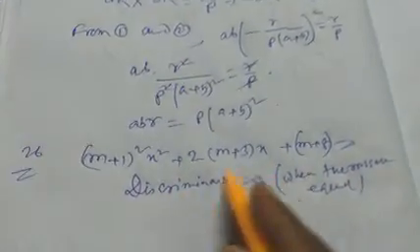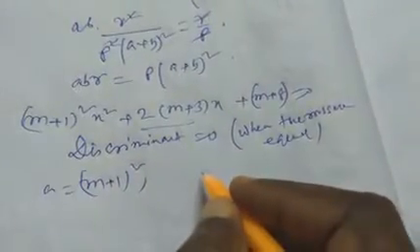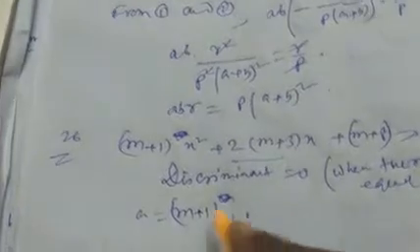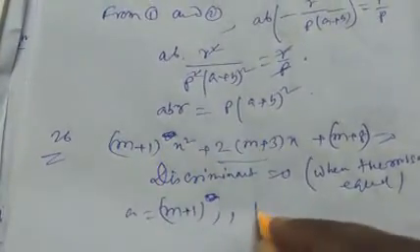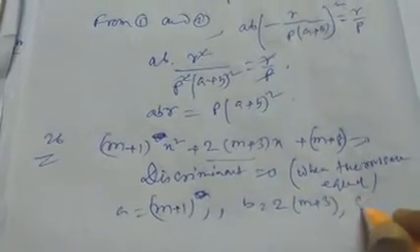So now see here, discriminant. a means m plus 1. Okay, sorry, there is a mistake, it is m plus 1, not whole square, I wrote whole square, this is wrong. And a is m plus 1. Okay, now b is equal to 2 into (m plus 3), and c here is m plus 8.